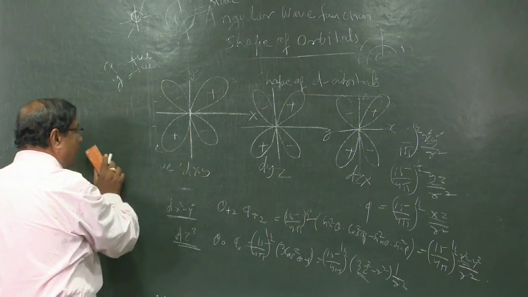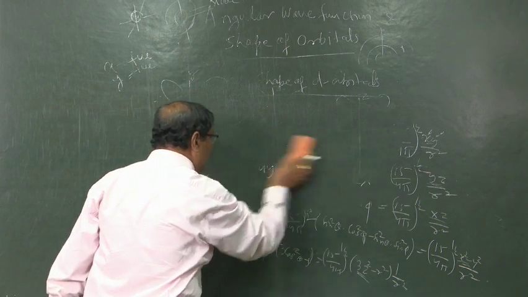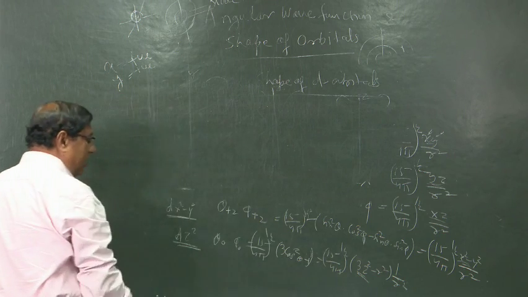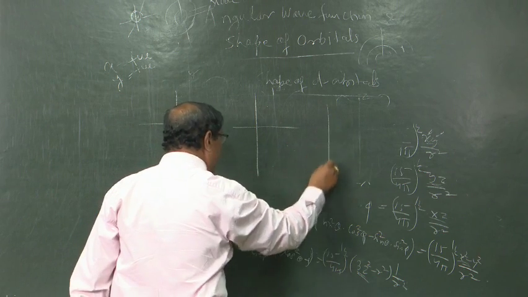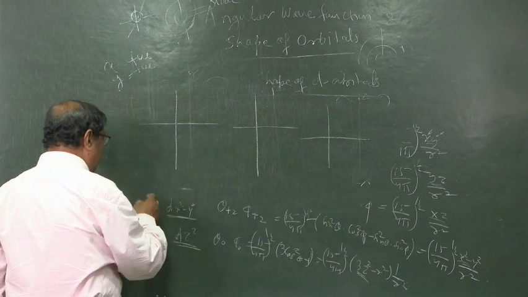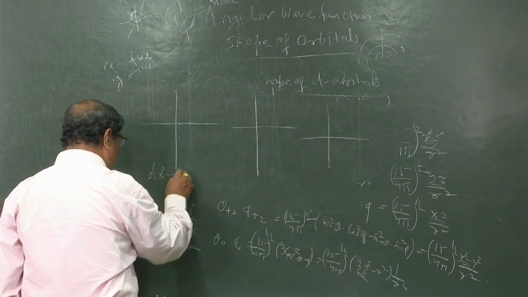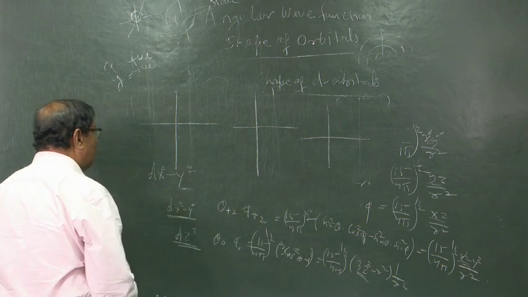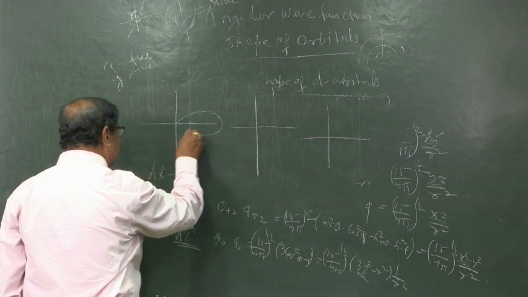Let us see the shape of the other two orbitals, dx square minus y square and dz square. Here the lobes will lie along the x axis and y axis.